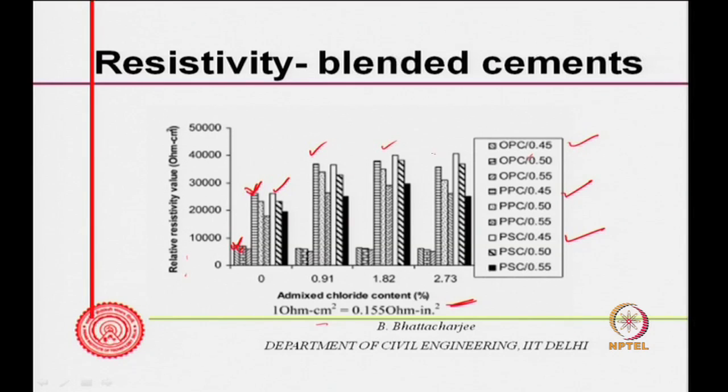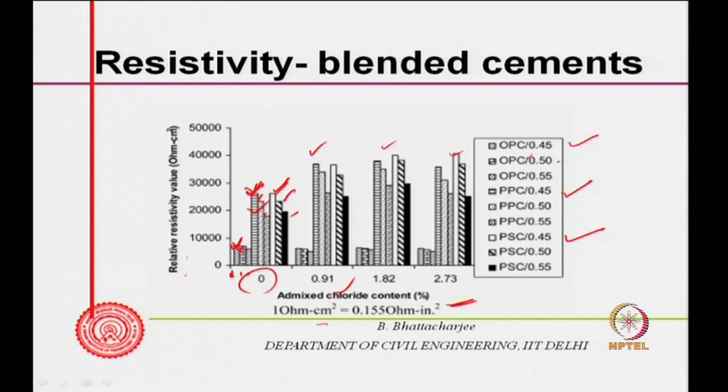So, these are for blended cement for 3 water cement ratios, at 0% chloride: for OPC 0.45, 0.50 and 0.55; for PPC 0.45, 0.50, 0.55; slag cement 0.45, 0.50, 0.55, no chloride.